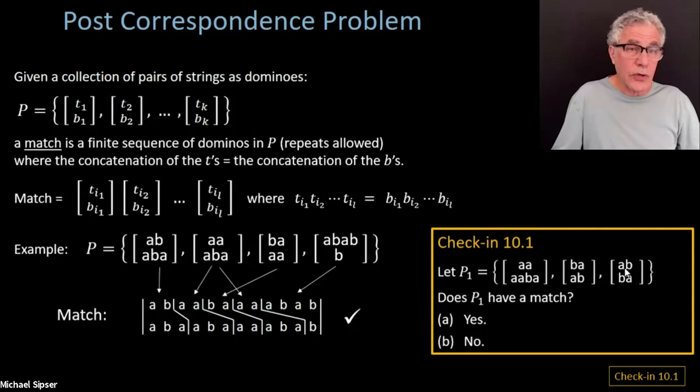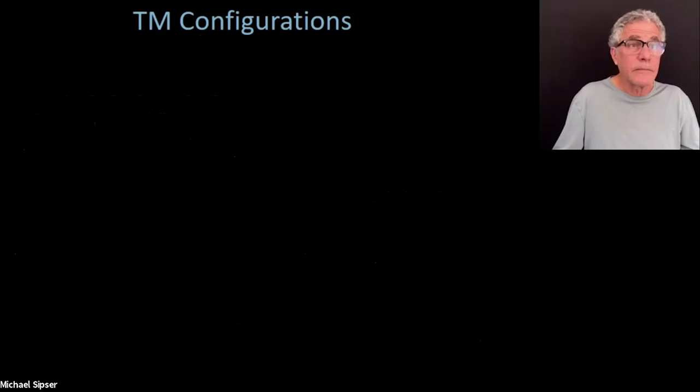And then the other two are going to have the same length. So you're never going to have the top be the same length as the bottom. The bottom is always going to be longer no matter how many more dominoes you lay out. So there's no chance of there being a match here.